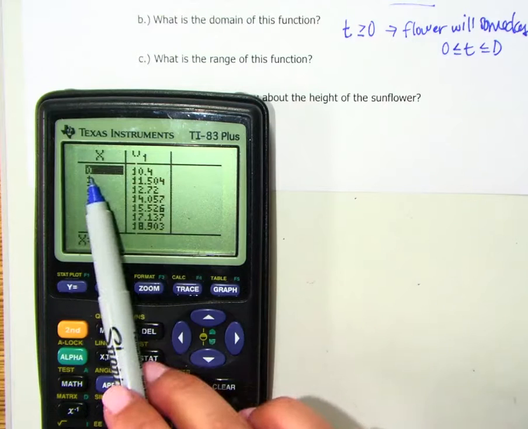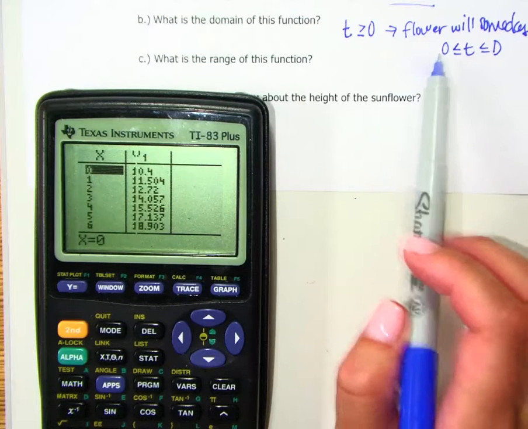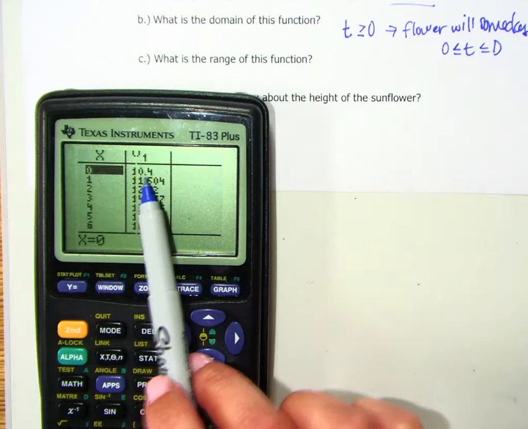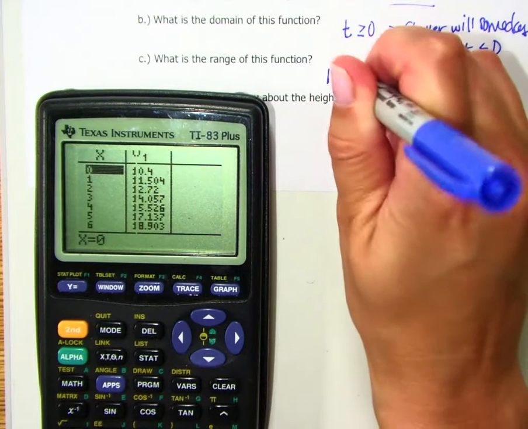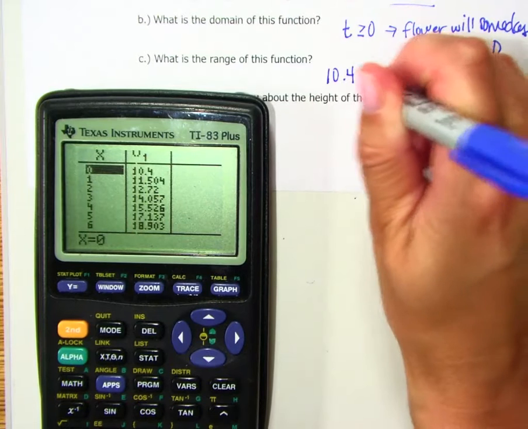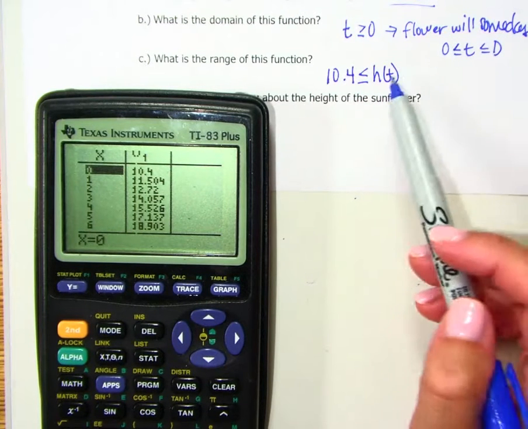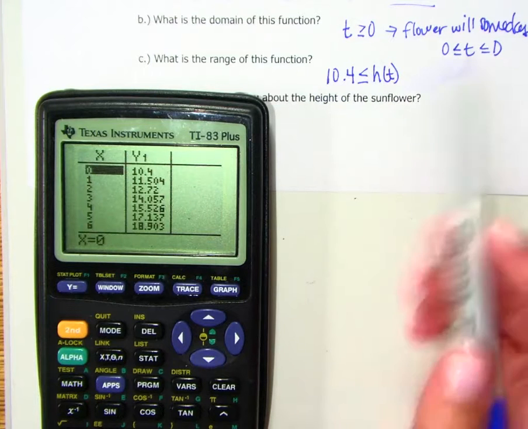So I'm looking at, again, the lowest value of my domain, which is 0, and you can see the output there. What that means is when we first had the sunflower planted, it was already 10.4 centimeters.